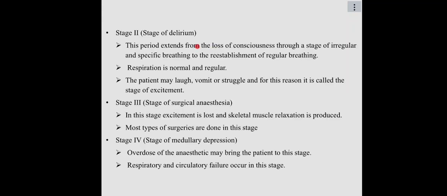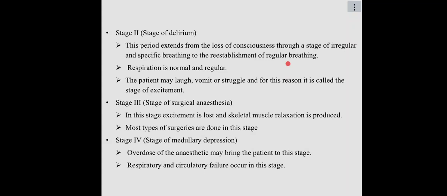Then stage two, the stage of delirium. Remember, you are increasing the concentration of these drugs slowly. This period extends from the loss of consciousness through a stage of irregular breathing to the re-establishment of regular breathing. Initially there will be a lot of irregular breathing, and that's why you have an anesthetist.